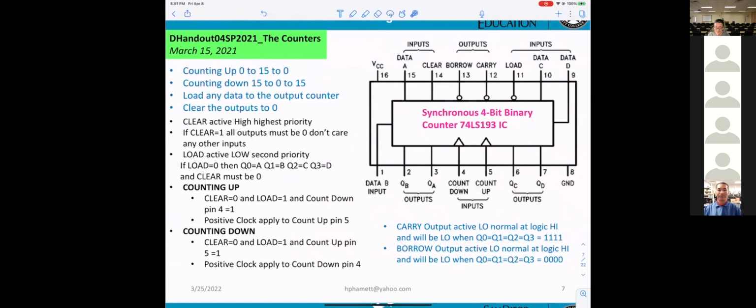Okay, now there is not much more to say about counters. The only thing I want you to understand is that you have a binary counter, a BCD counter, a ripple counter, and a synchronous counter.